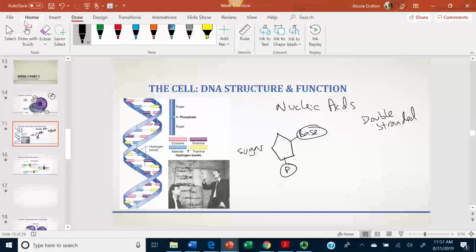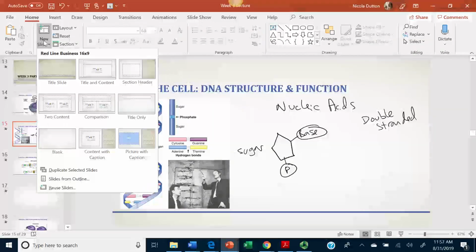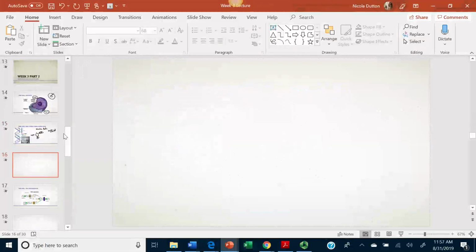So I'm actually going to pull up a second slide so that I can draw this out a little bit easier. So when we have our sugar and phosphates, this makes up the backbone of one of the strands of DNA.